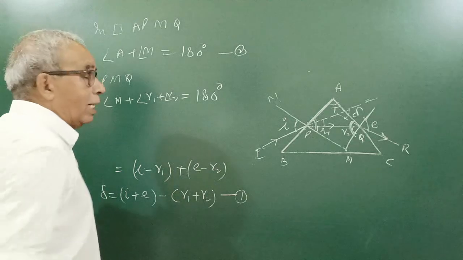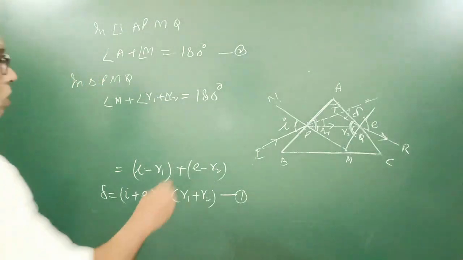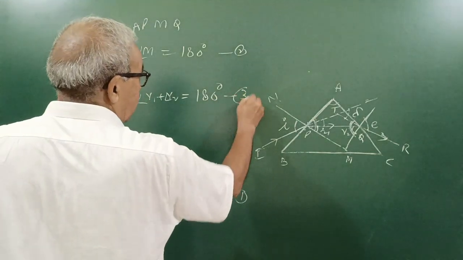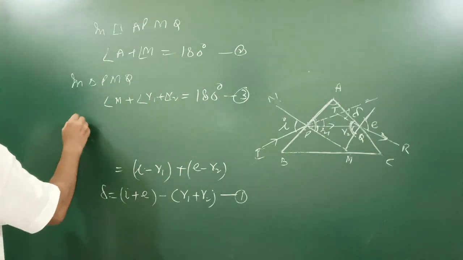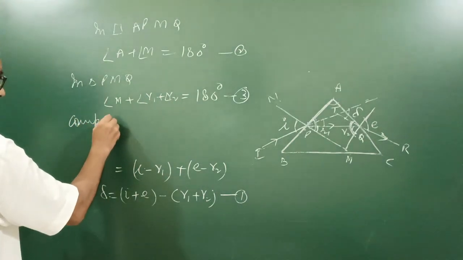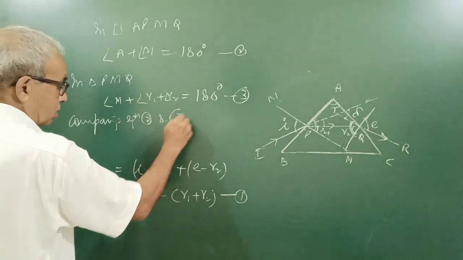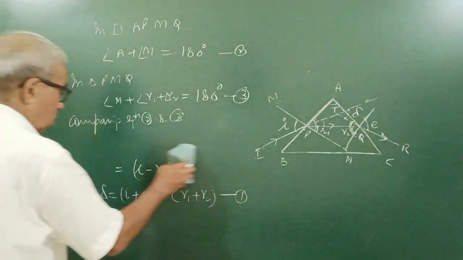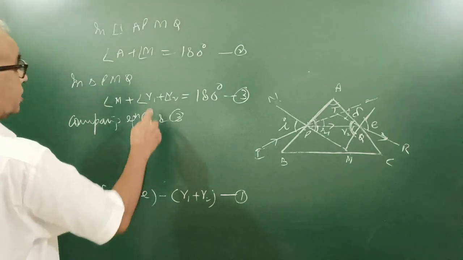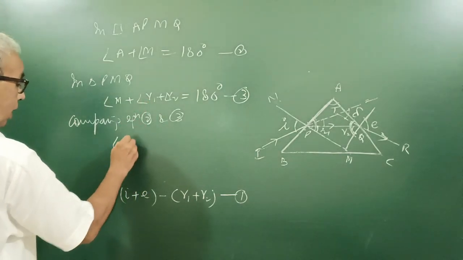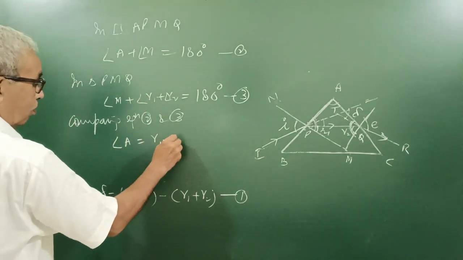Why? Sum of the angles of a triangle is 180. Comparing equation 2 and 3, we get angle A is equal to R1 plus R2.